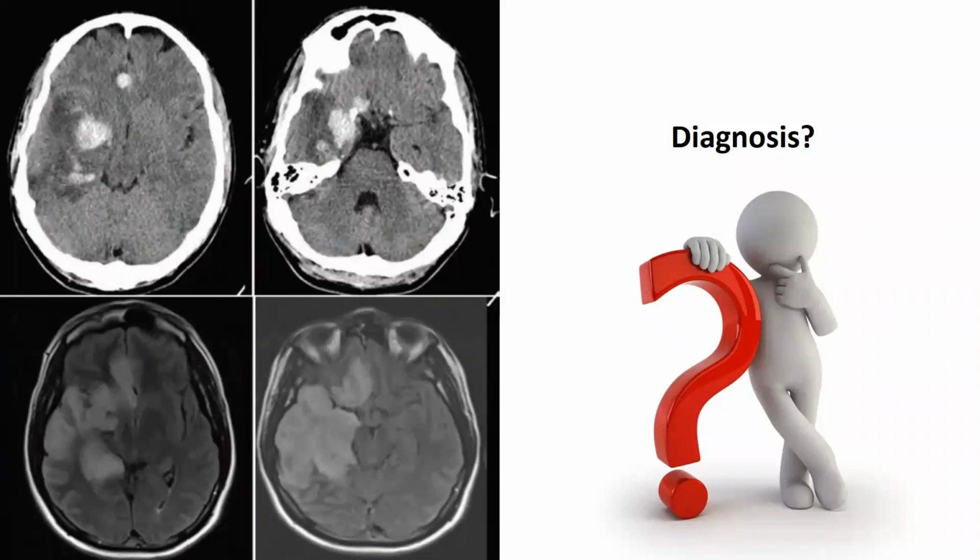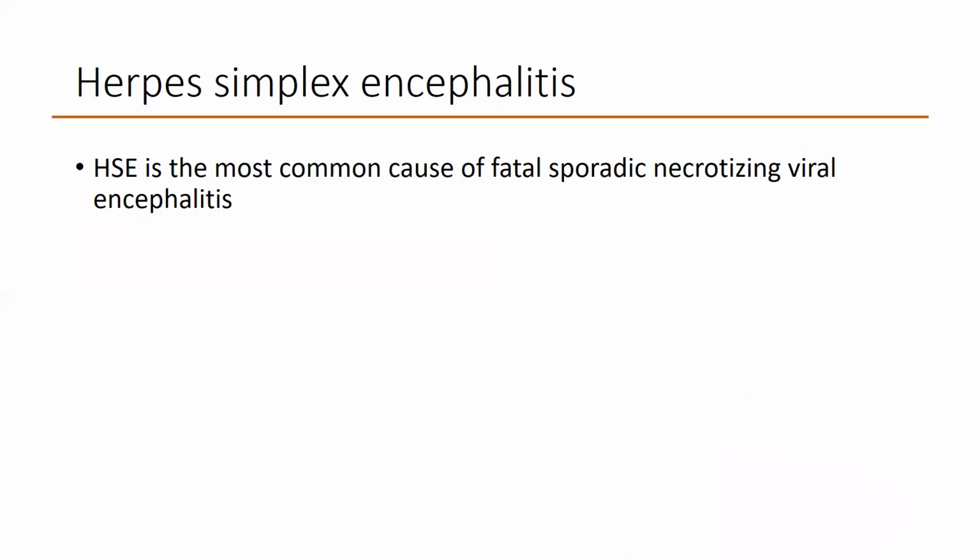When the parenchyma itself has an altered hyperdensity on the CT or hyperintensity on the MRI, we don't call it a space-occupying lesion. You can say it is a lesion, but you don't use space-occupying lesion to describe a signal alteration involving the cortex.